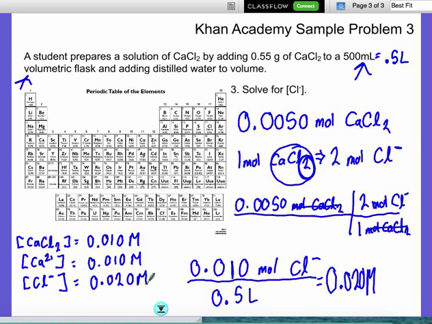Because it's ionic, all of it will dissolve, so these hold true. Now, if it were covalent or another thing that didn't dissolve completely, this would not necessarily be true. But because it's ionic and it does dissolve completely, this right here is the answer. Okay, cool.